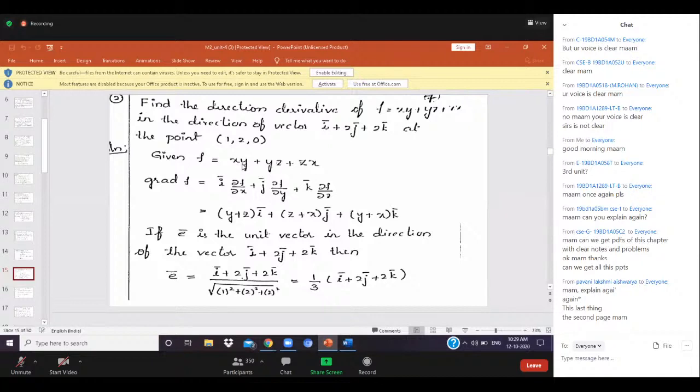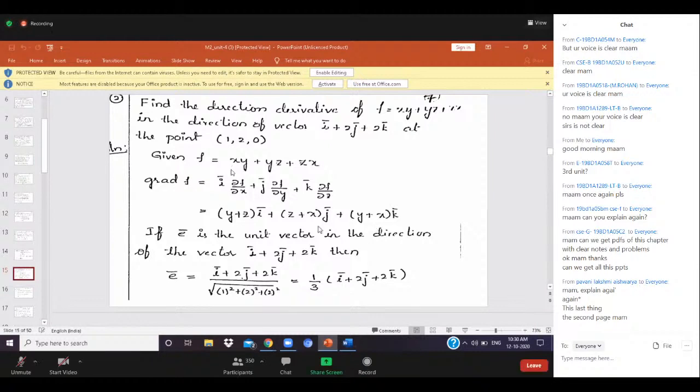Then yz, x terms are not there, so partial differentiation is 0, plus zx partial differentiation becomes z. So we get y plus z i bar plus, with respect to y, z plus x j bar plus, with respect to z, y plus x k bar. This is grad f.